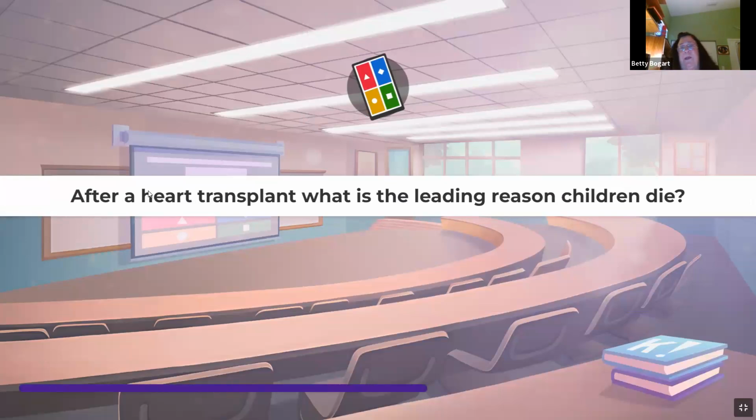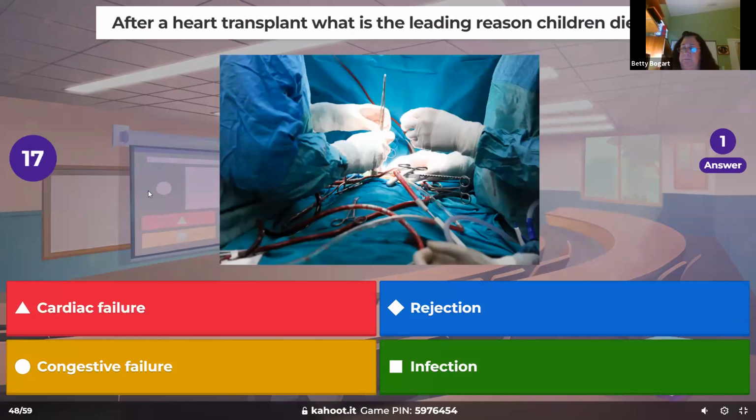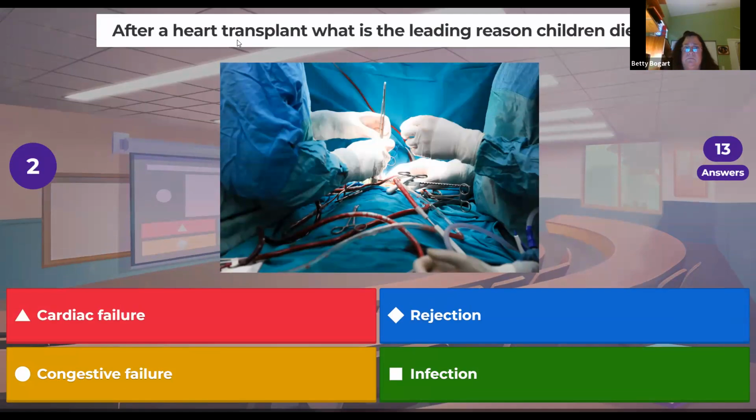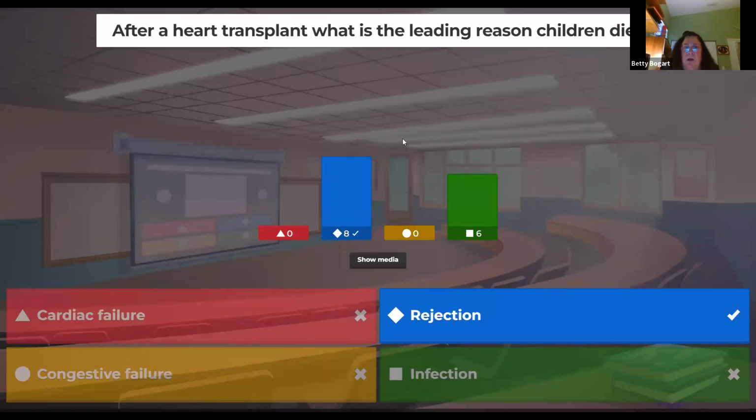After a heart transplant, what is the leading reason children die? So when we're talking about heart transplant, it's all about rejection. It's not the infection, it's rejection.